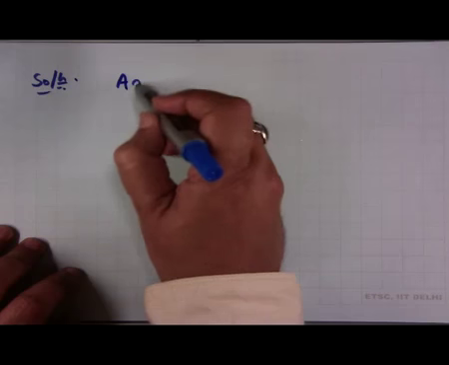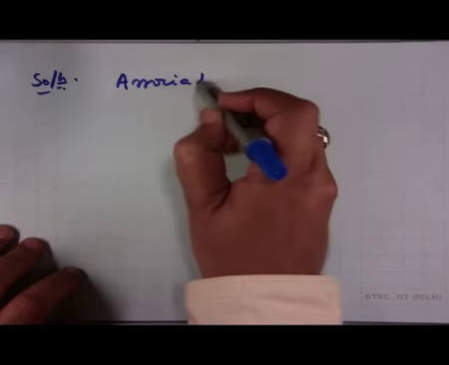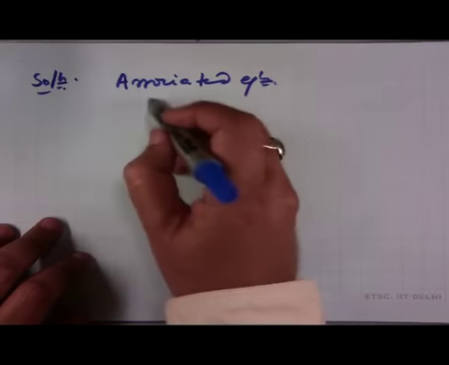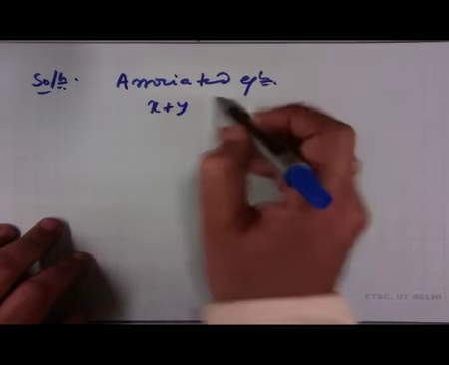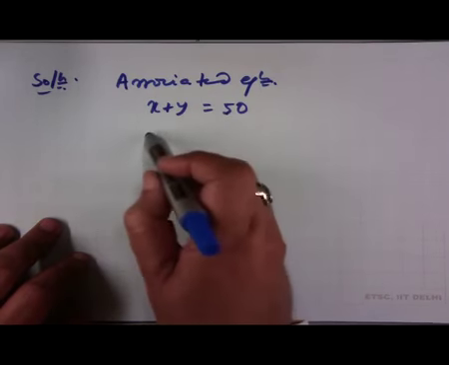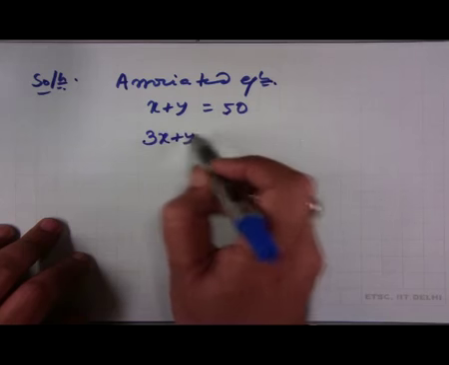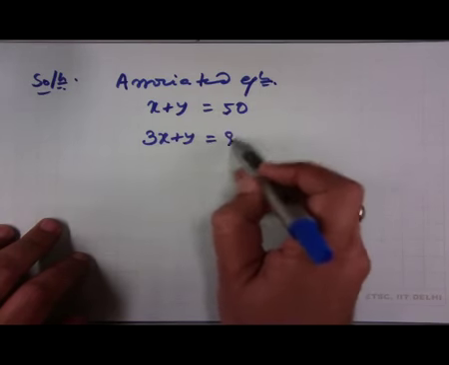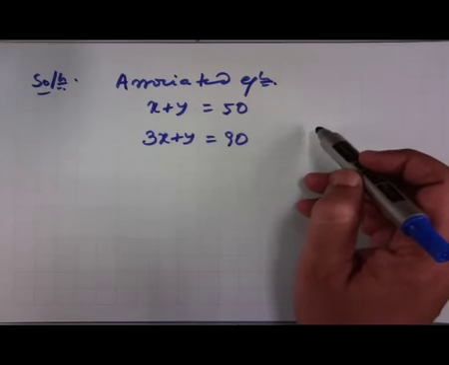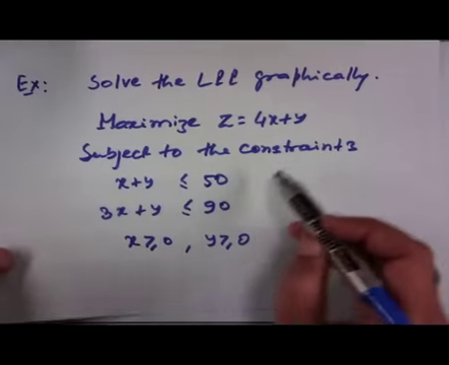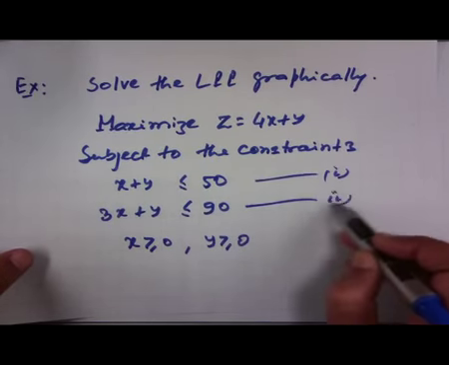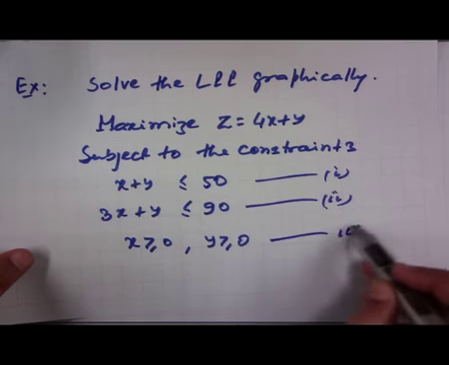Associated equations: x plus y equal to 50, 3x plus y equal to 90. Say this is first, this is second and this is third.